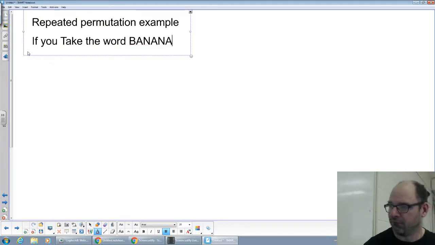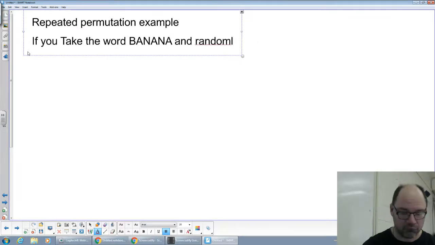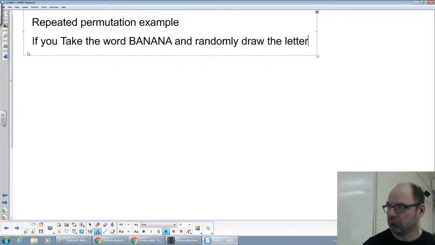There. Banana, and randomly arrange the letters. Draw the letters. What is the probability of spelling banana when you draw it out?